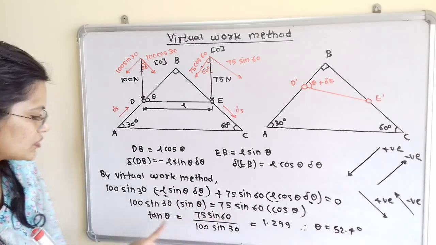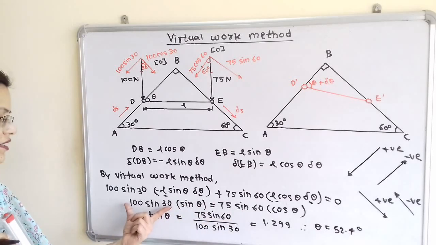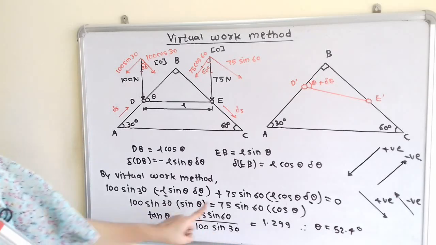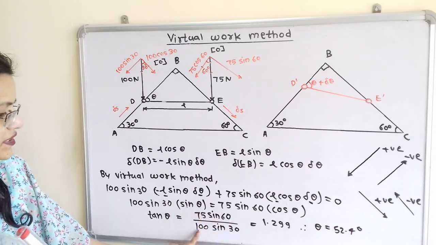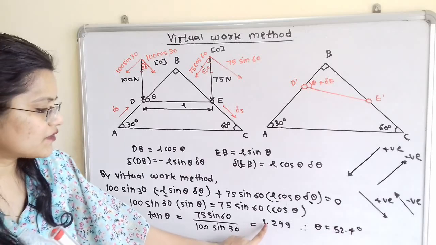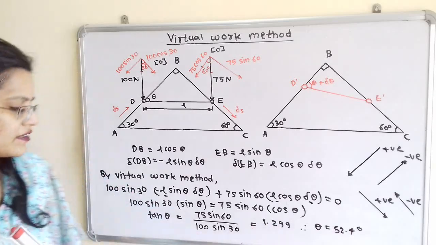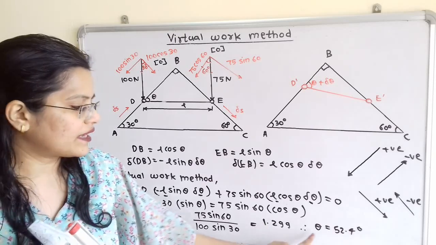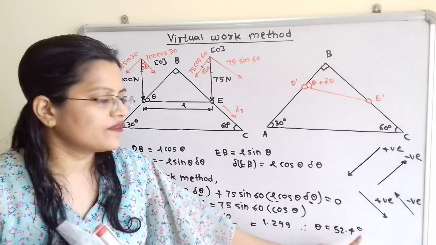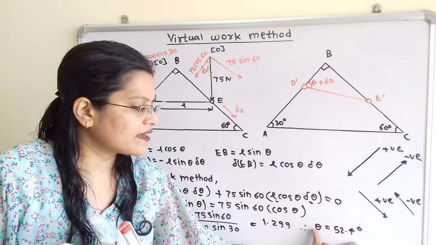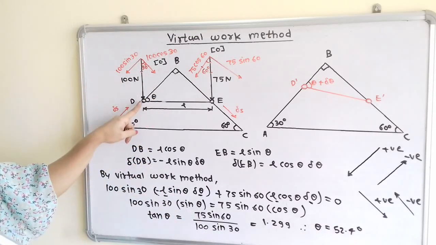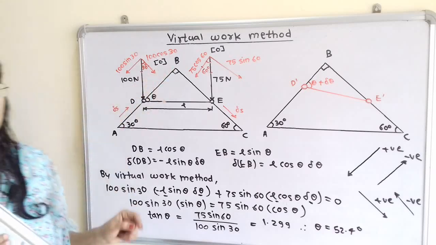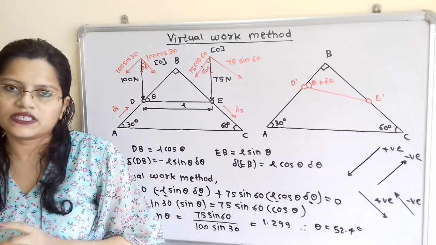So sin by cos theta is equal to tan theta, and I will transfer this term 100 sin 30 to the right hand side. So it will become 75 sin 60 by 100 sin 30 is equal to 1.299, and therefore theta is equal to tan inverse of 1.299, which is equal to 52.4 degree. So this is the angle theta made by this rod DE with this inclined surface AB when the system is in equilibrium.